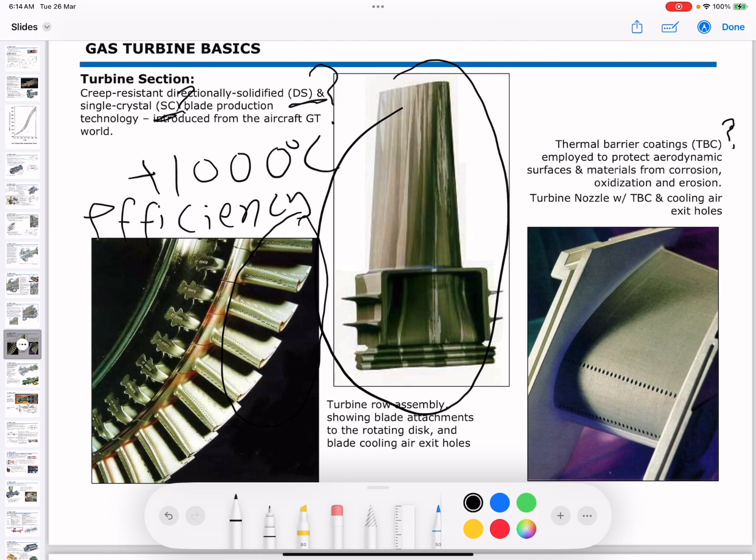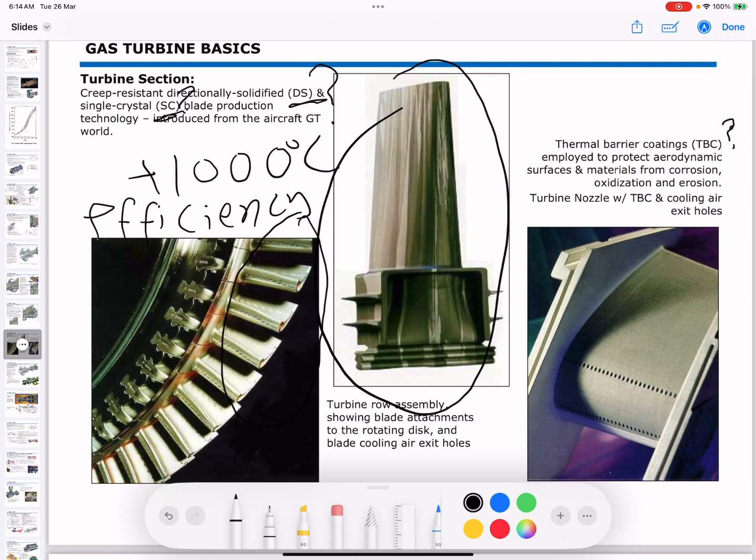TBC, or thermal barrier coatings, are advanced materials applied to turbine components in gas turbines and jet engines to protect against high temperatures, corrosion, erosion, and so on. They are typically composed of ceramic materials like yttria-stabilized zirconia and others.